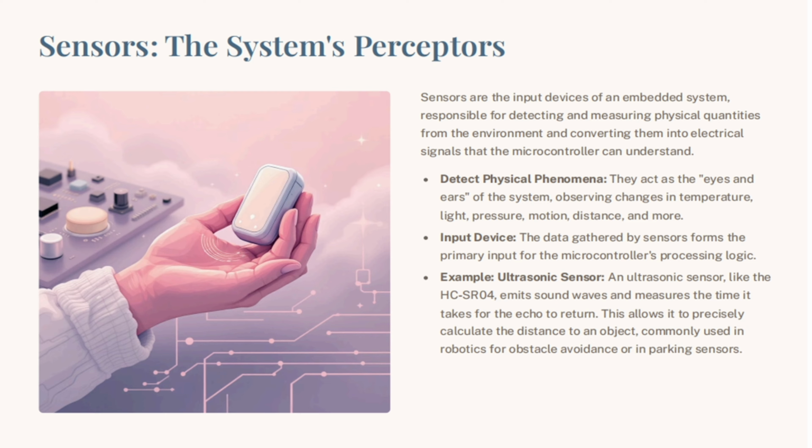It emits a sound wave and measures the precise time it takes for the echo to return. This data allows the system to calculate the exact distance of an object, which is a critical feature for obstacle avoidance in robotics and modern automotive parking sensors.